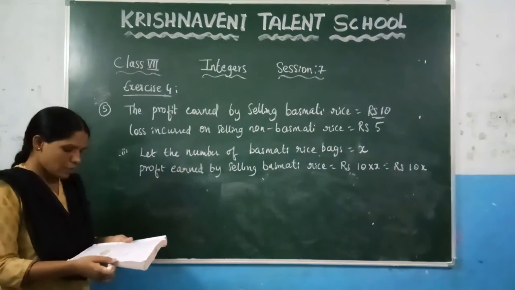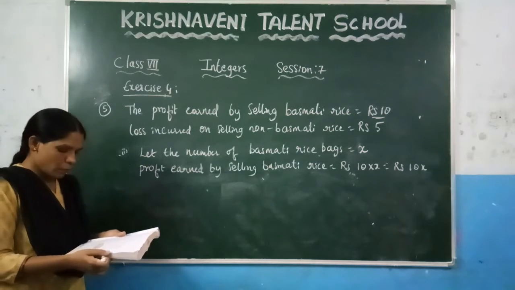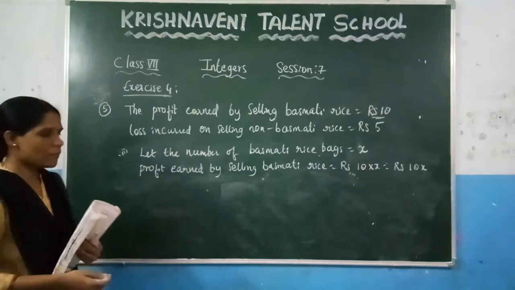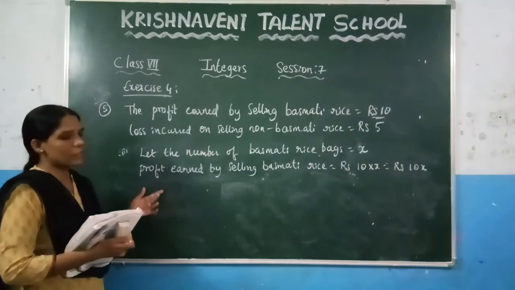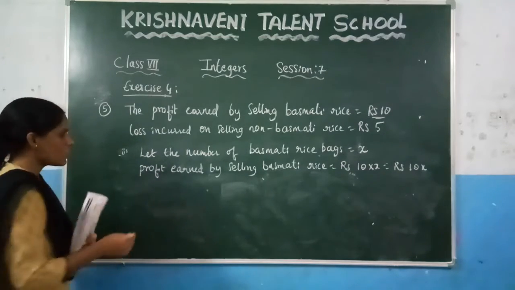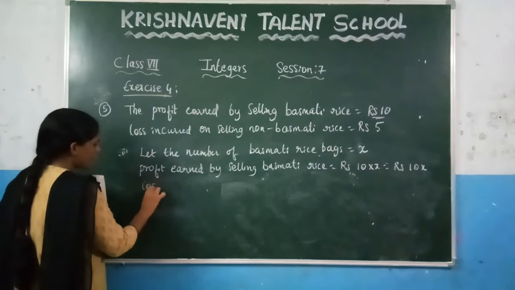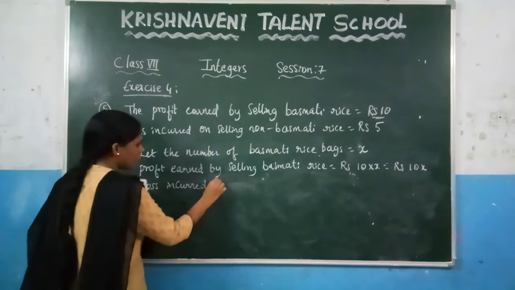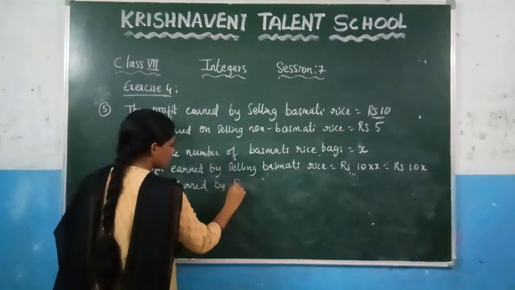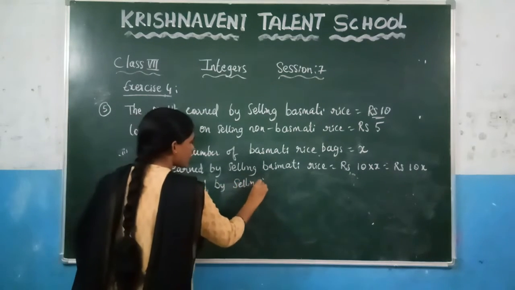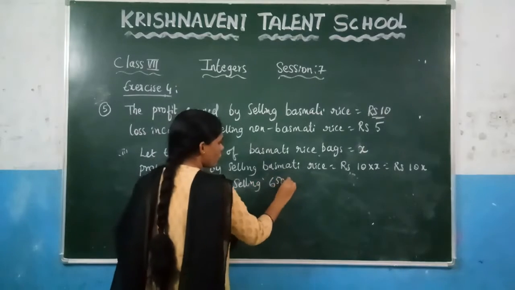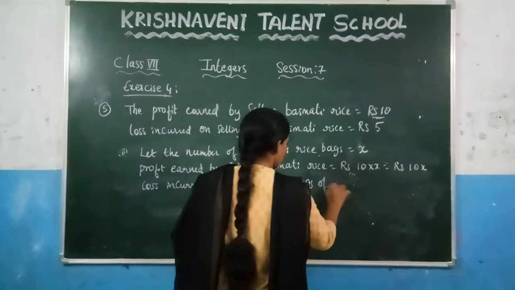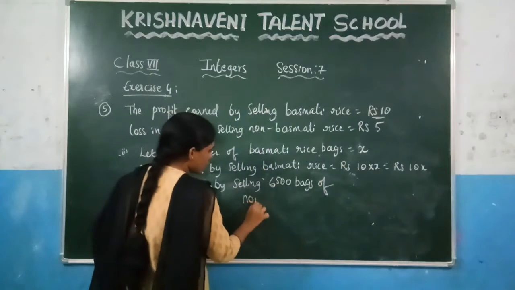And here it is given that the number of bags of non-basmati rice sold is 6500. So here you can write the loss incurred by selling how many bags? 6500 bags of which rice?